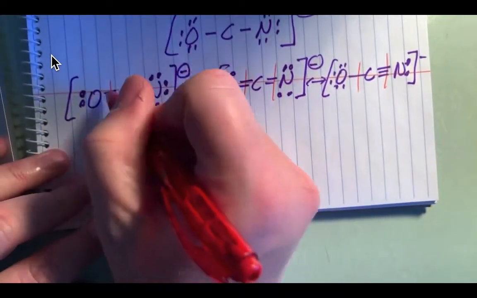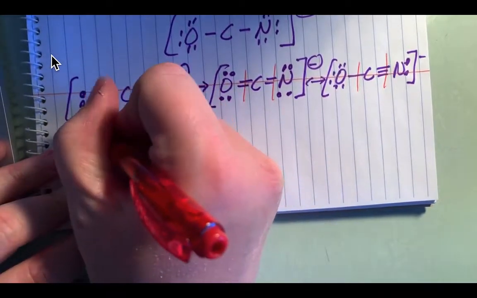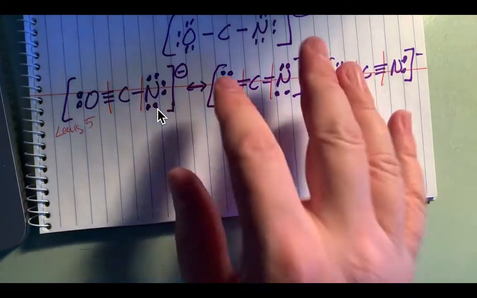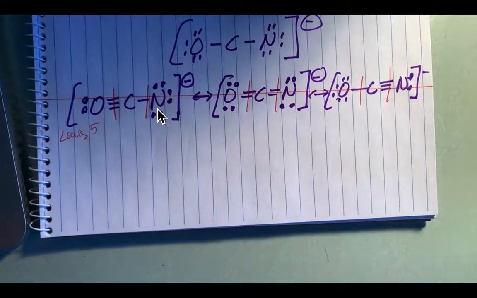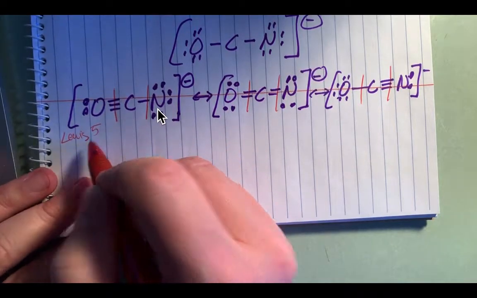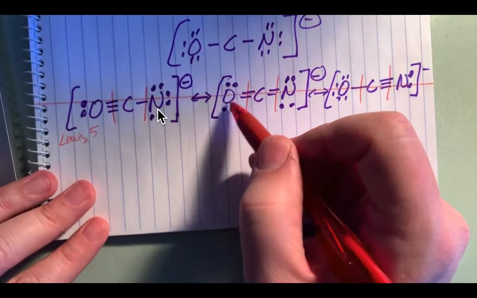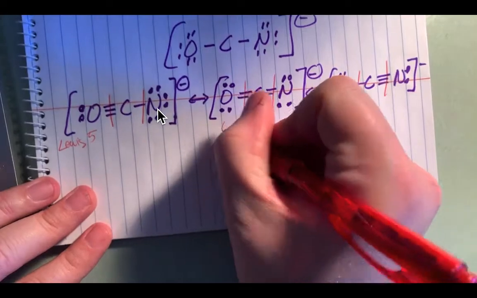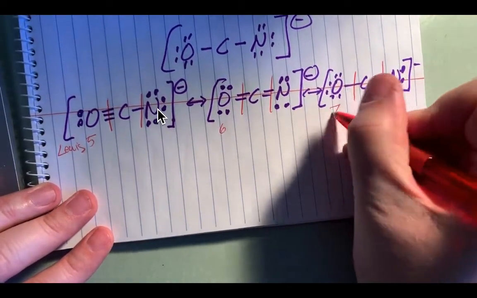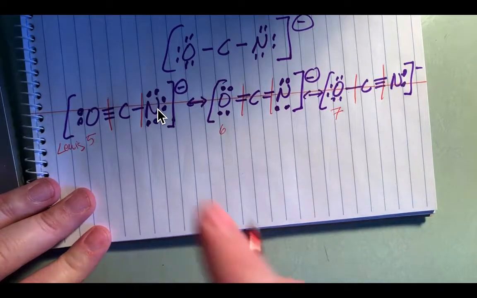This oxygen has 5 in the Lewis structure. This oxygen has 6 in the Lewis structure. And this oxygen has 7 electrons in the Lewis structure.